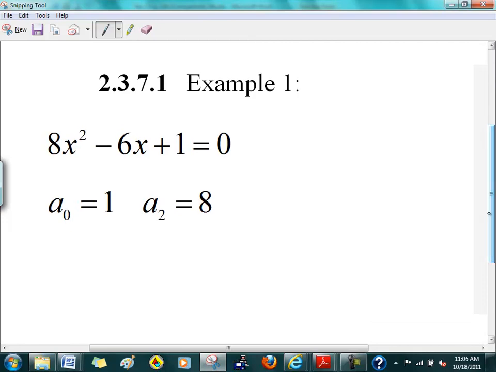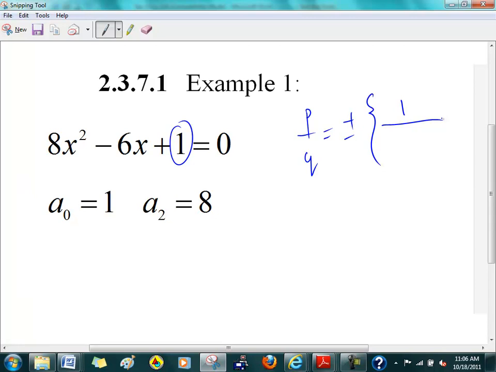If you take a look at this example here, the rational root theorem tells you that if there are rational roots, they'll be of the form p over q, plus or minus. You want factors of 1, which is just 1, over factors of 8. What are the factors of 8? 1, 2, 4, 8.